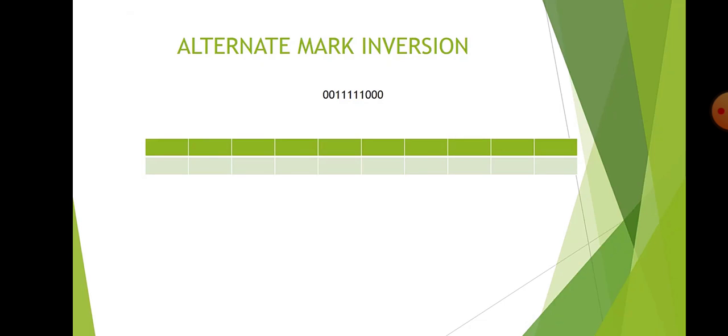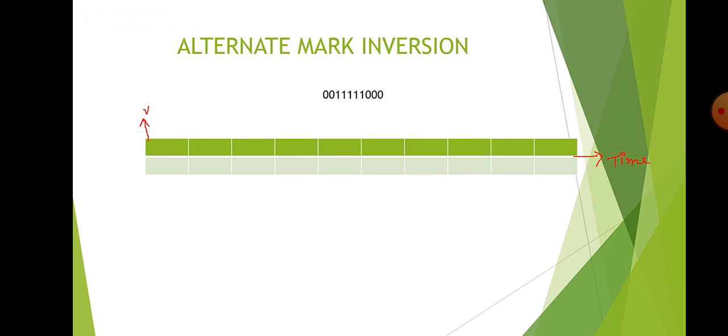The given pattern we can represent using AMI scheme as follows. This is the voltage axis, the y axis, and take the parameter as time.